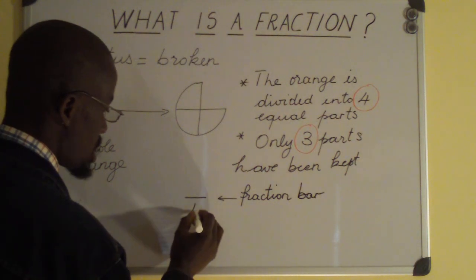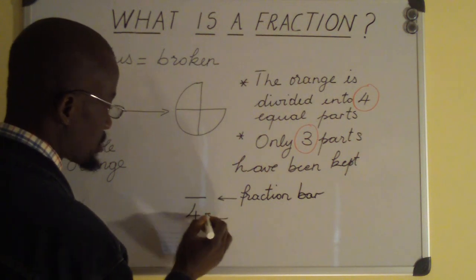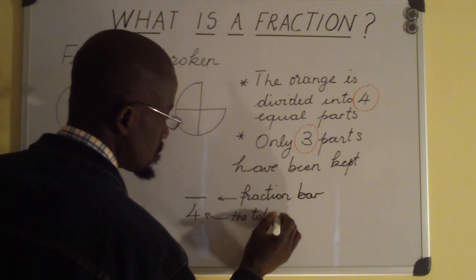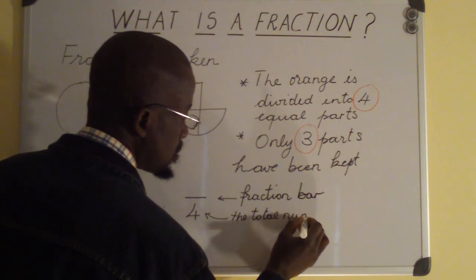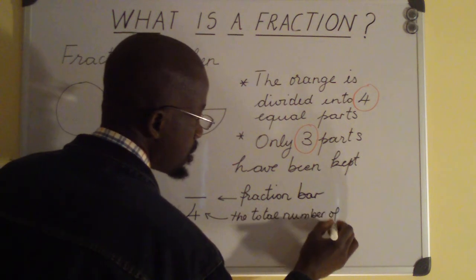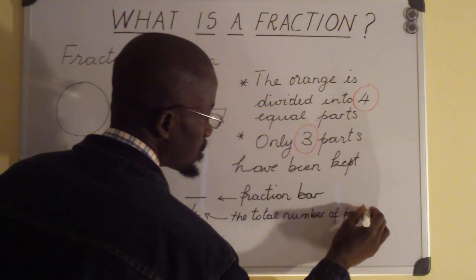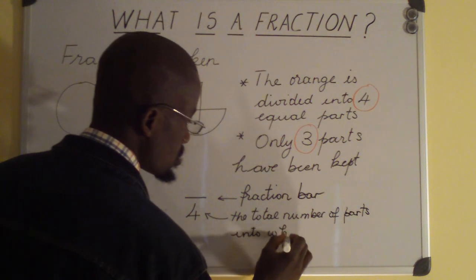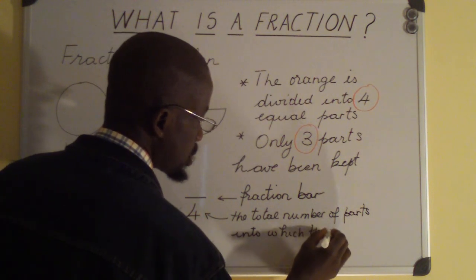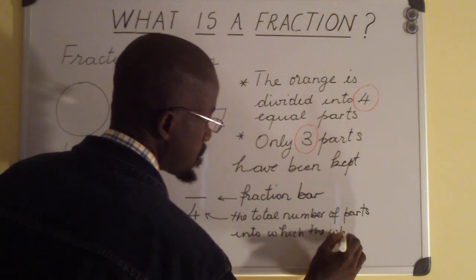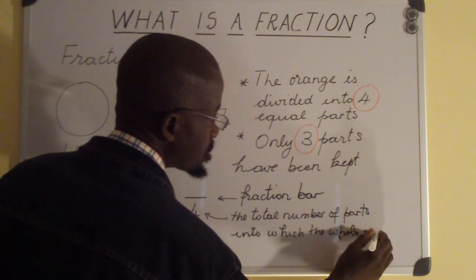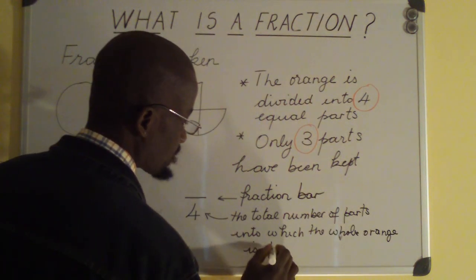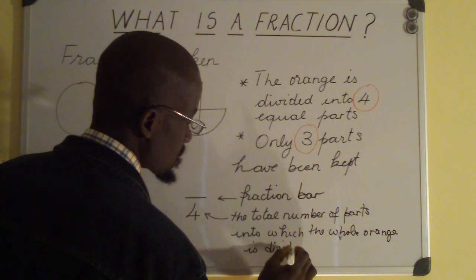So here I write 4, and this 4 here is the total number of parts into which the whole orange is divided. Okay?